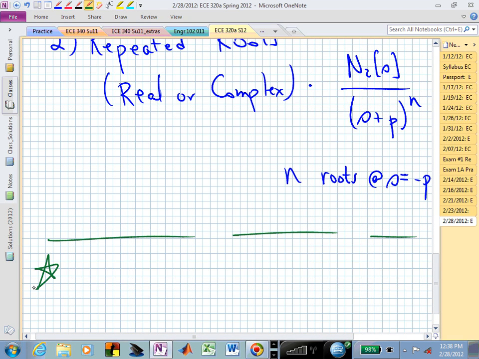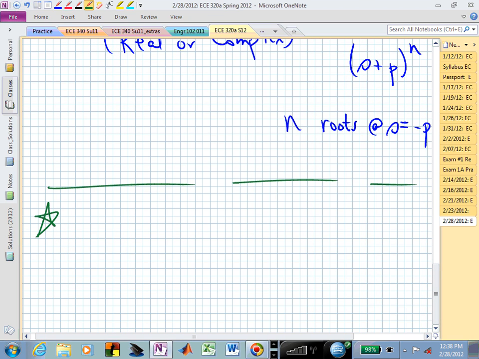And the first thing that I want to discuss is the fact that in order to do these inverse Laplace transforms, there needs to be a particular property relating the numerator polynomial and the denominator polynomial. And in particular, the degree or the order of the numerator polynomial needs to be strictly less than the degree of the denominator polynomial.